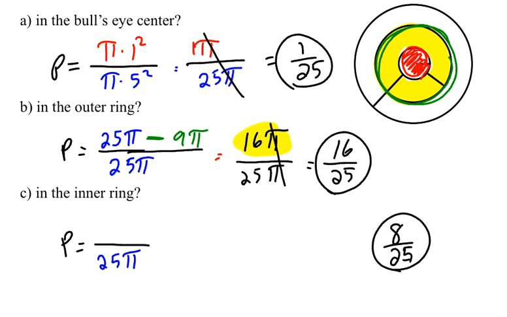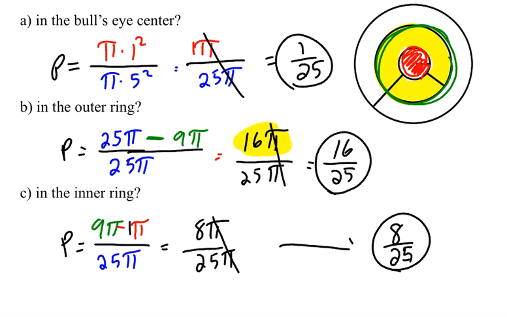Green circle, radius was 3, and I had 9 pi for that area. Red circle was 1 pi, because my radius was 1. So that gives me an answer of 9 pi minus 1 pi, 8 pi over 25 pi. Cancel the pi's, and I get the 8 out of 25.